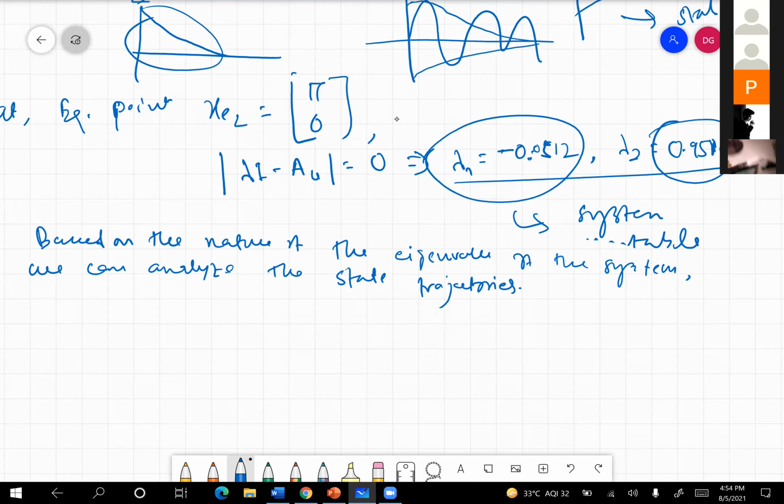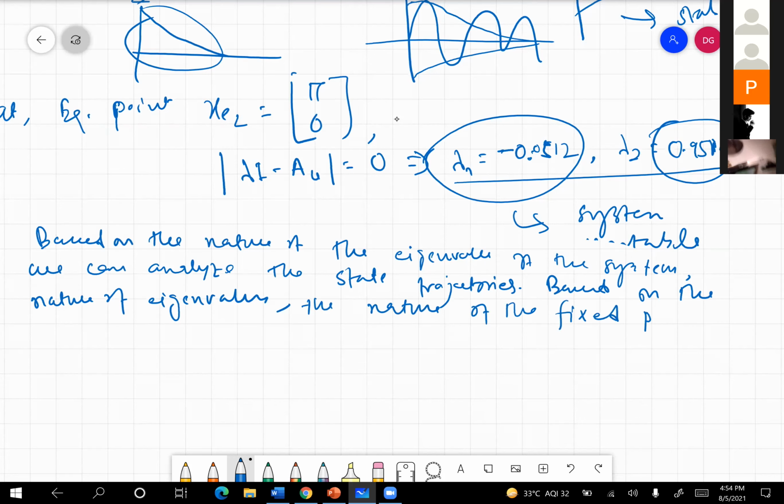The trajectory is basically the phase portrait. So based on the nature of the eigenvalues, the nature of the fixed point can be classified.